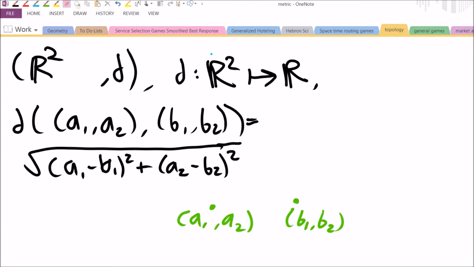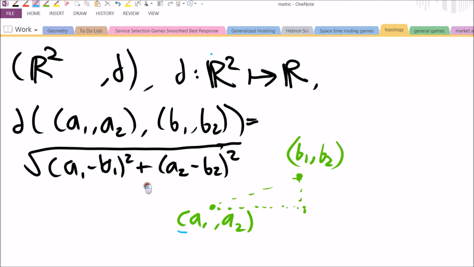Let's draw it up here. Okay, so basically what we're saying here is that the distance between this point and this point, which is written like this, is equal to this length squared plus this length squared, all square rooted, which will indeed give you this length here according to Pythagoras' theorem.